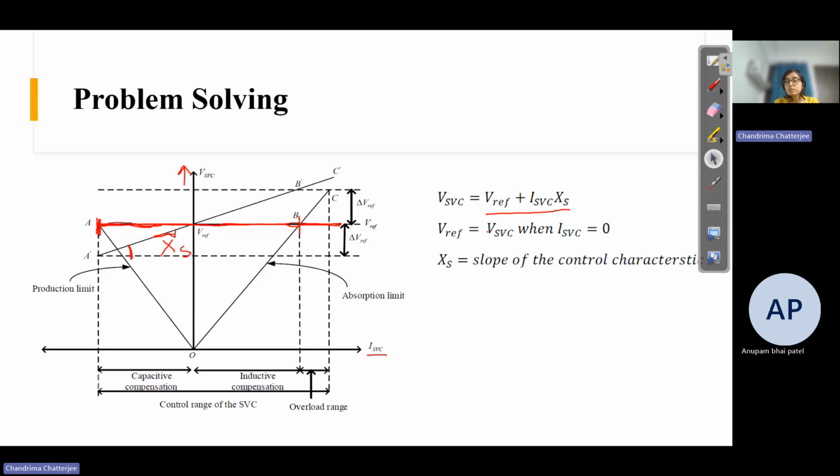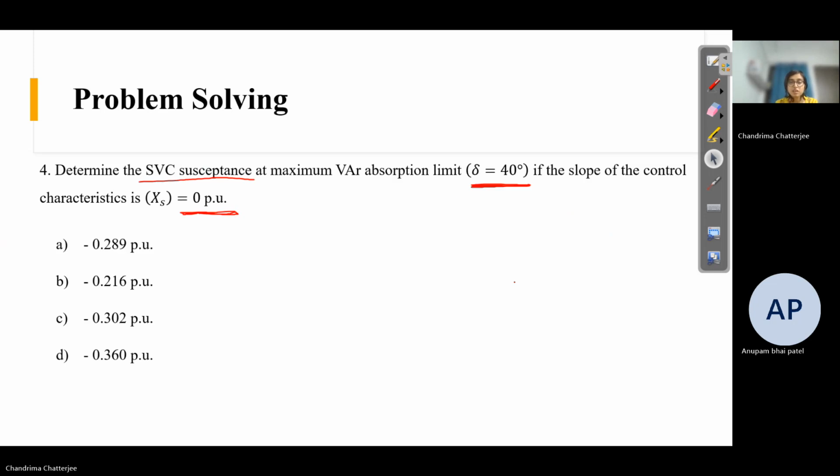And if the slope is 0, then V reference is equal to VSVC. Right? In the question, they are asking what is the SVC susceptance if the control characteristic slope is 0. So we just saw that VSVC is equal to V reference when the slope is 0.